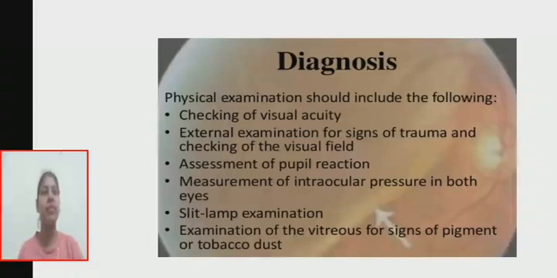Physical examination should include checking of visual acuity, external examination for signs of trauma, checking of the visual field, assessment of pupil reaction, measurement of intraocular pressure in both eyes, slit lamp examination, and examination of the vitreous for signs of pigment or tobacco dust.